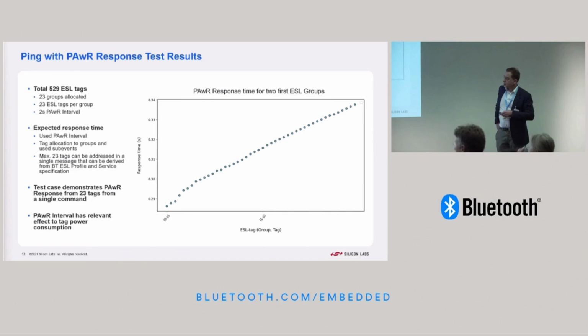It's also visible here that there's a first group with 23 responses, a second group with 23 responses, so we can access each and every tag in one advertisement interval. So the responsiveness of that network is really, really good.